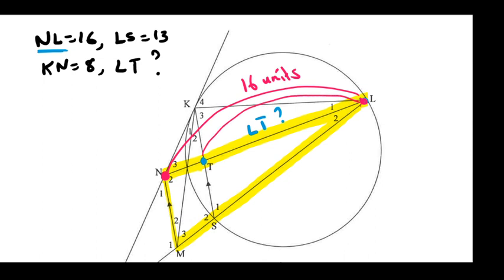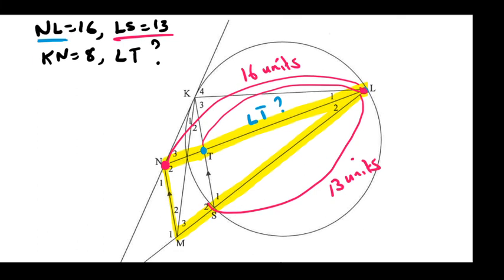And then from here, L to S, we are given as 13, right? And we don't know L to M, right?